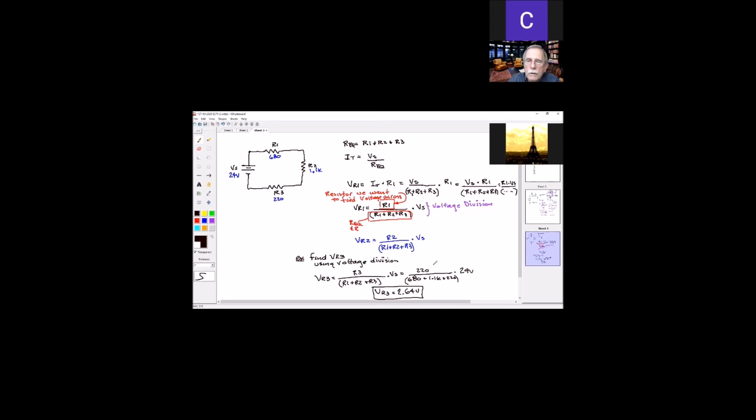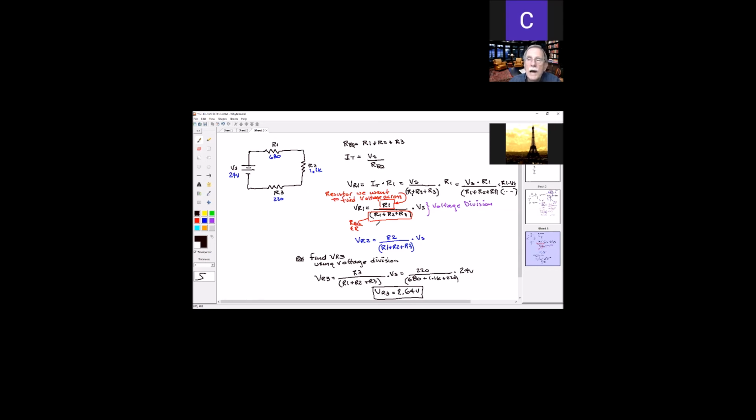If, however, on a quiz or an exam, I say to you, like we did here, find VR3 using voltage division, what I'm really saying to you is, show me that you understand voltage division. So if you solve for REQ and then find the IT and then multiply, that doesn't show me anything that you know about voltage division.